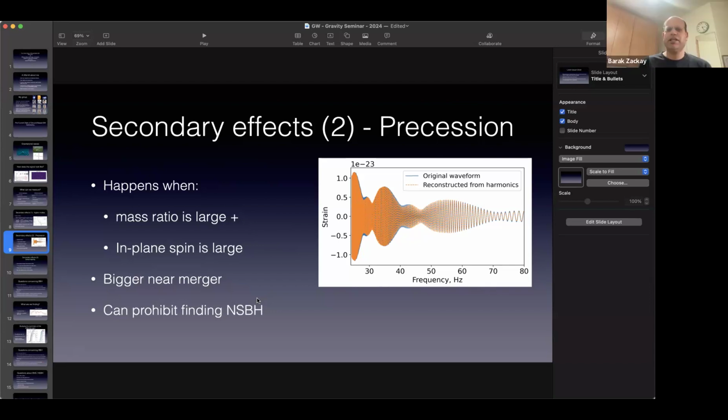The thing I'm plotting here is not a numerical simulation. I'm plotting some waveform model. And what I want to say about this is that the numerical simulations are dense enough in phase space until mass ratio roughly 1 to 4.